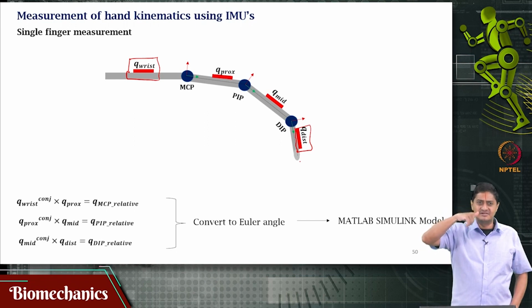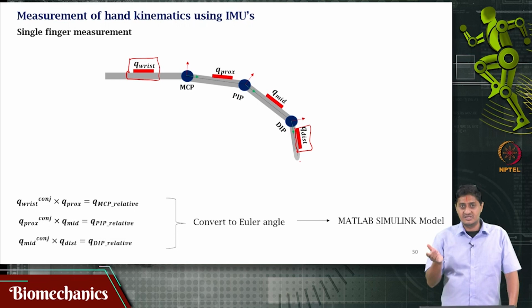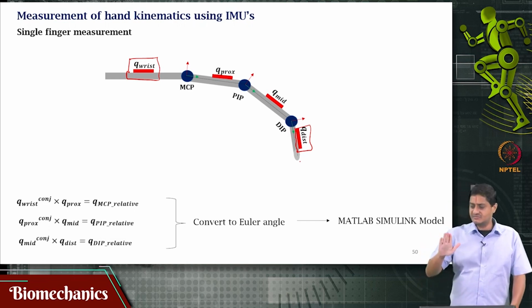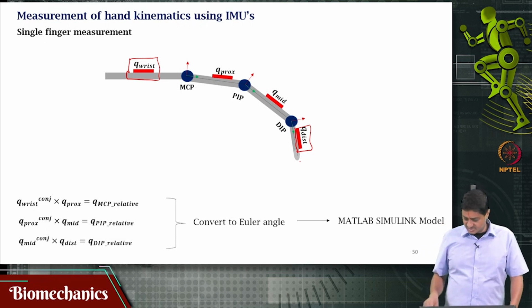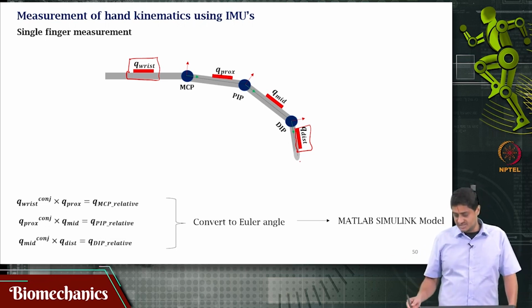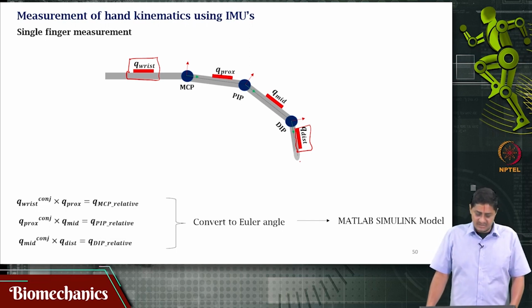That might be more than 90 degrees. In fact, I can close my hand like this. When I do that, the distal phalanx obviously may even cross 180 degrees. So, the constraints that you have on the angular measurements will not be met.